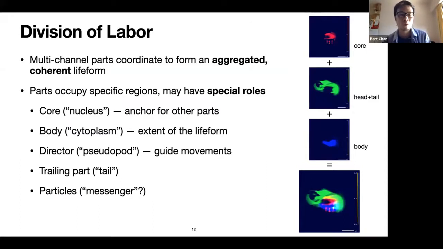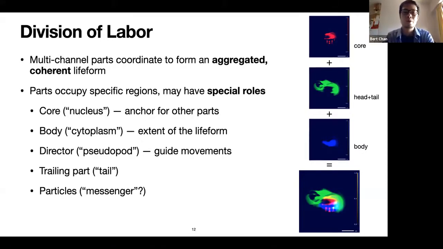In the multiple channel case, the system is built by parallel universes, parallel worlds of grids. The evolved creatures may have different parts from various channels that coordinate with each other and form an aggregated coherent life form.